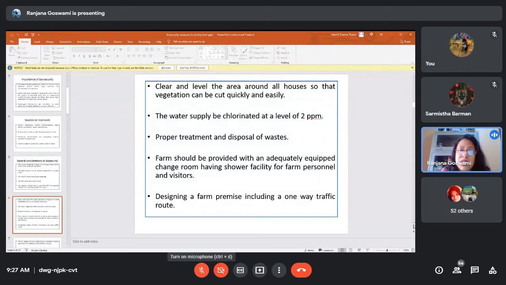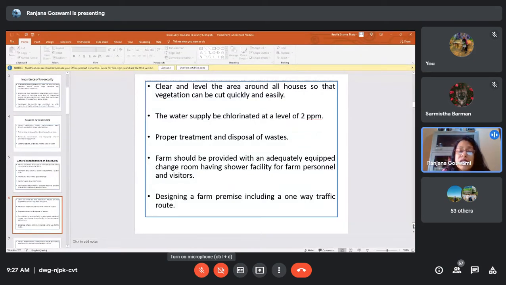It will provide shade, but bushes and all should not be there surrounding the area because they absorb lots of moisture, water, and also the sunlight cannot go into the land. So you have to be very much careful that the surrounding area is always free from vegetation, so that lots of sunlight will fall in the surroundings, so that it remains dry, moisture is not retained, and there is no seepage of water into the house.